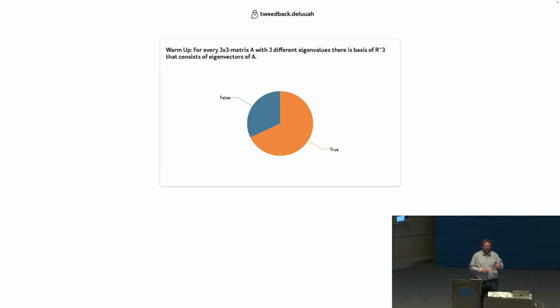So 3 different eigenvalues means 3 eigenvectors, and they will be linearly independent because they don't belong to the same eigenvalue. That means we do have a basis of R^3 that consists of eigenvectors of that matrix. So for that specific case, the answer would be true. In general, it might not be true, but in that specific case, it is.